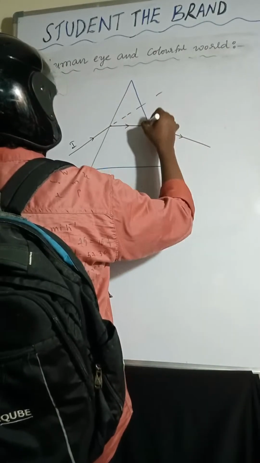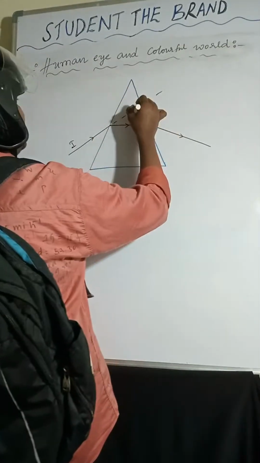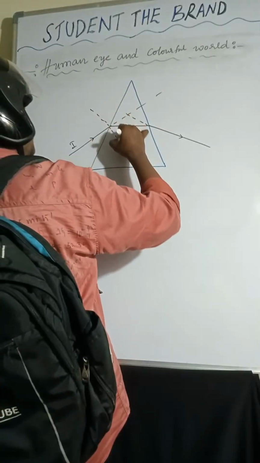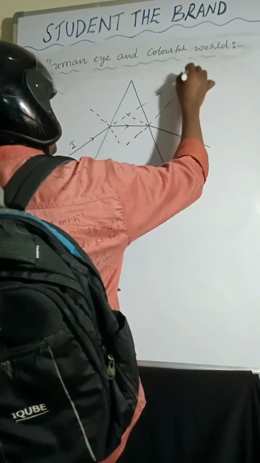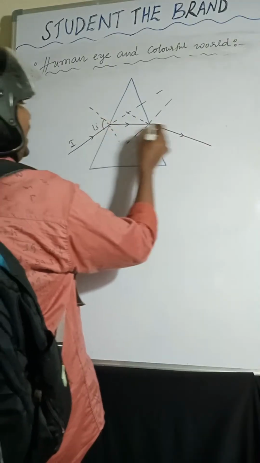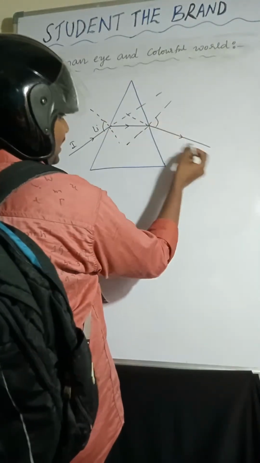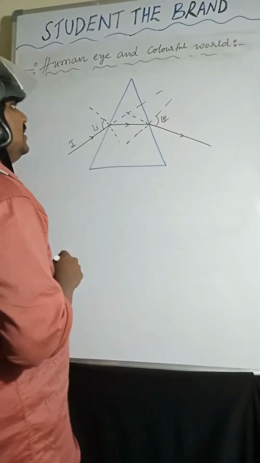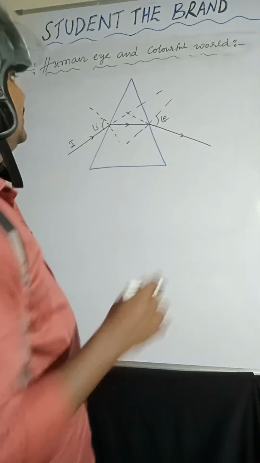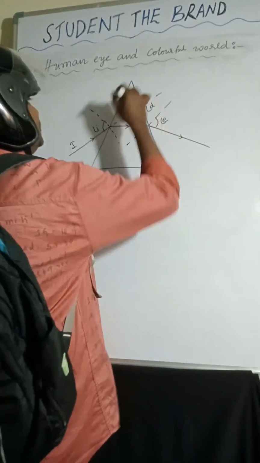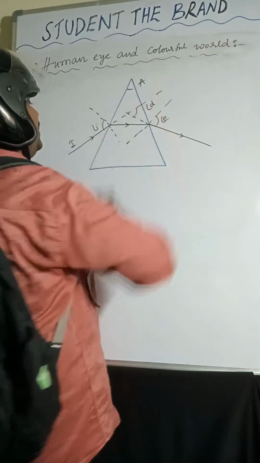If you extend, angle of deviation, and if you draw the normal line, the angle between incident ray and normal line is called angle of incidence. The angle between emergent ray and normal line is called angle of emergence, and this is called angle of deviation. Angle of prism is capital A.